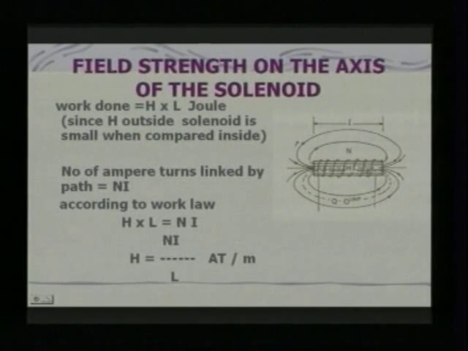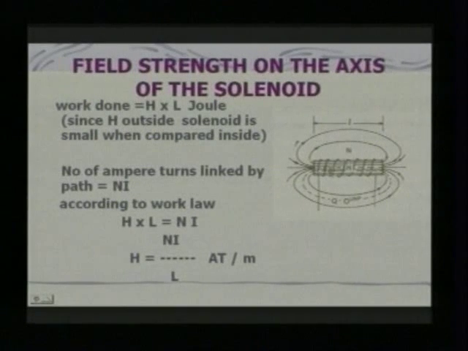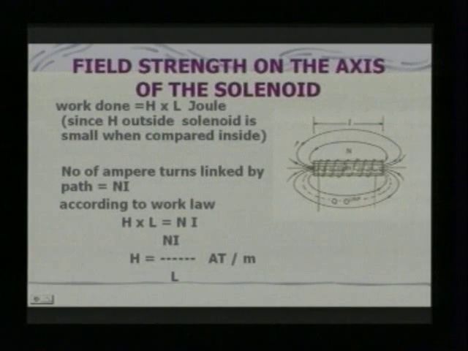Then the total work done by the unit north pole in the given path is equal to force multiplied with total distance travelled, and here the total distance enclosed by the path is only equal to L, because there are two paths in the magnetic path. One is the solenoid iron path and the second one is the path through the air.